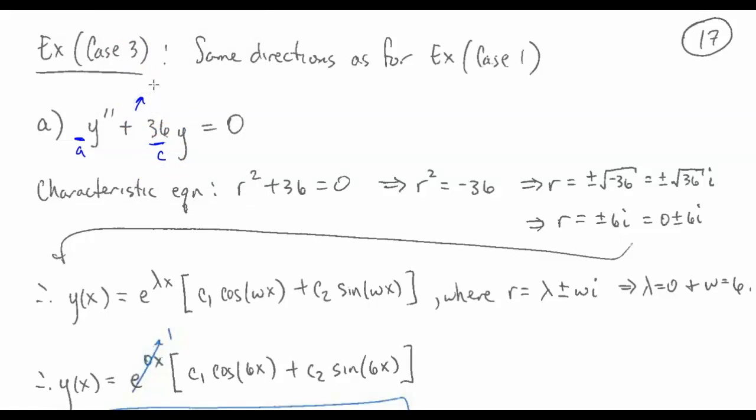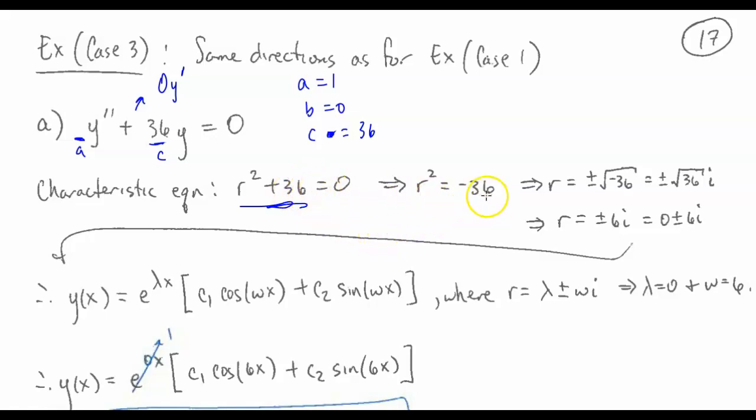Notice that we don't have a y prime term, so that's 0 times y prime. So our A is 1, our B is 0, and our C is 36. And that's how we end up getting this r squared plus 36.